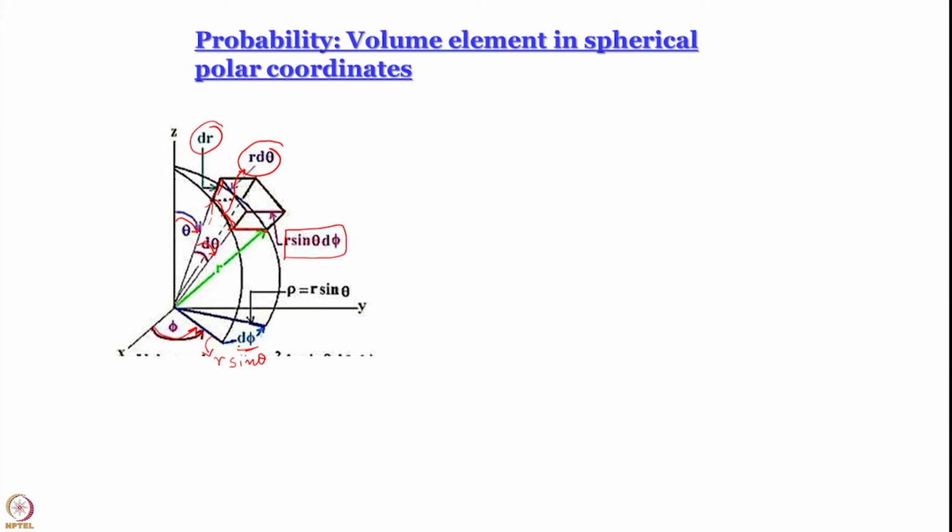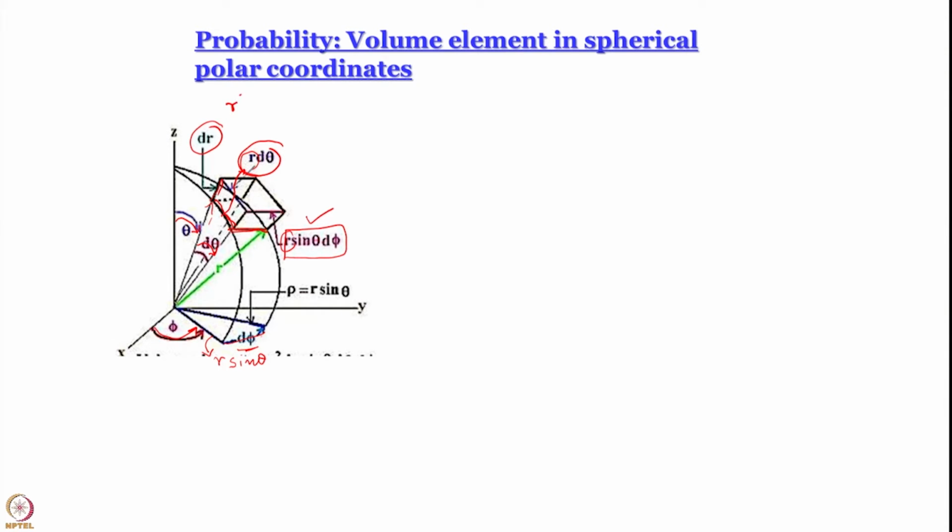And essentially, this is the length of the arc, we sort of take it back. The length of this arc is equal to the length of this arc, it is the same value, r sin theta d phi. What then is the volume element? You have one r from here, another r from here. So, even though it is written later on, I will just write it.